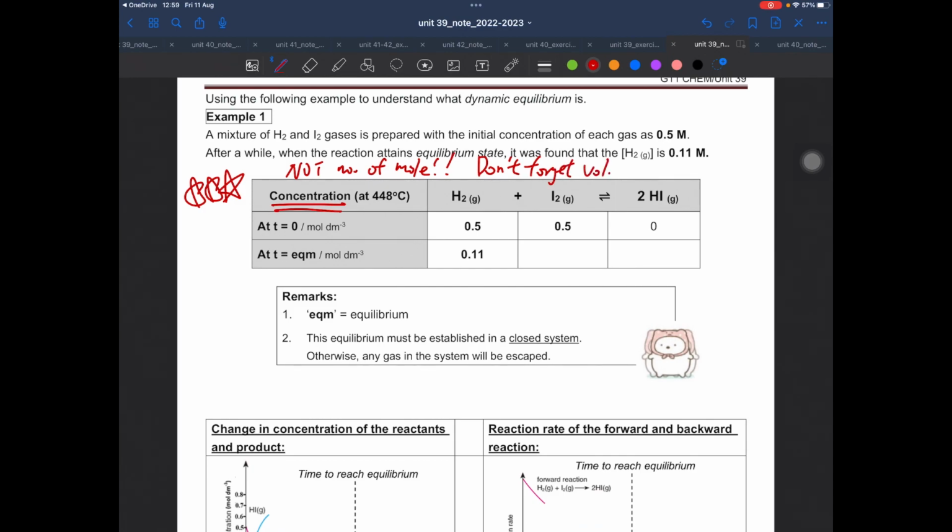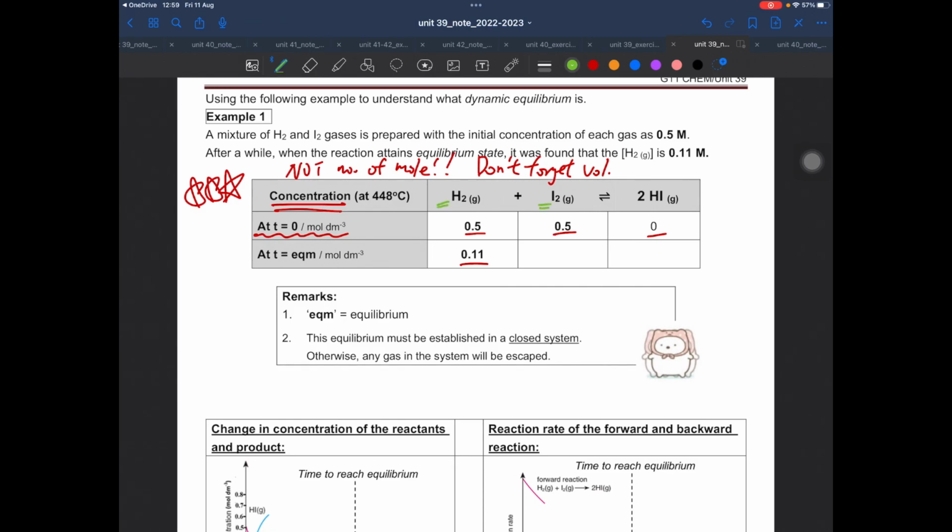Now, starting time equals 0. At the start, the hydrogen is 0.5 and iodine is 0.5. There is no HI, hydrogen iodide. But at equilibrium, when everything has settled down, the hydrogen concentration is 0.11. Here we use the simple mathematics you have learned in mole calculation.